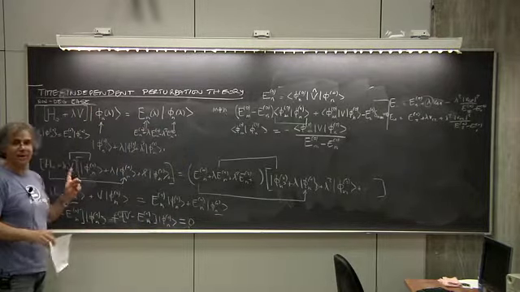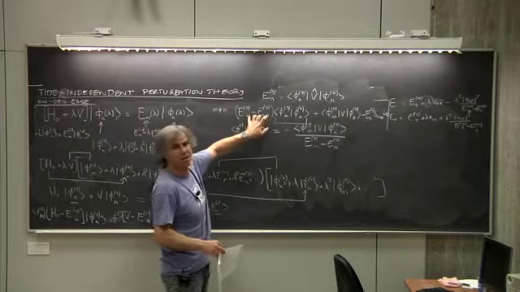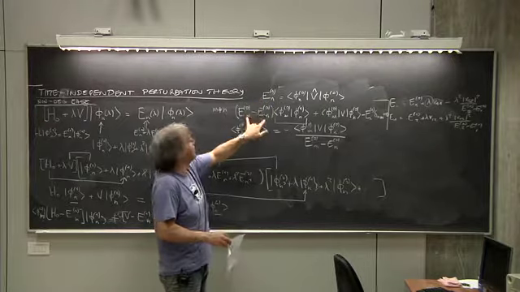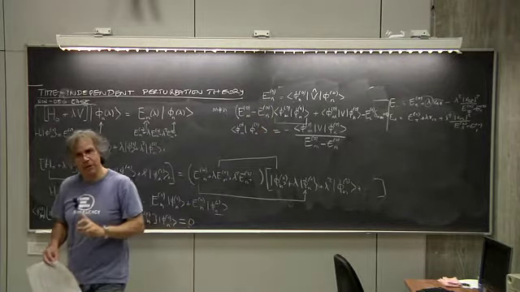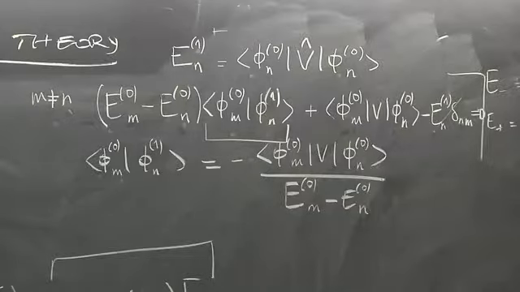Notice if this were degenerate, then I wouldn't do this, because this might be 0 even if they were different, okay? But they are non-degenerate, and therefore they are not 0. And I can solve, okay?